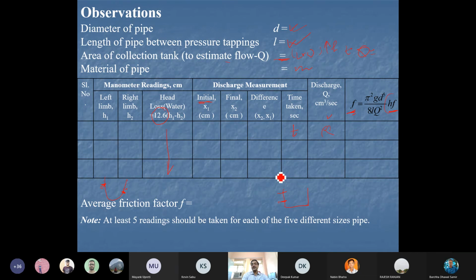Then we average for each diameter pipe to find its average friction factor across all observations. At least 5 readings should be taken for each of the 5 different size pipes. This is the simple idea to decide what size of pipe it should be, and what material as well, to avoid friction head loss in the pipe flow, because F is now known to us. Is it clear?